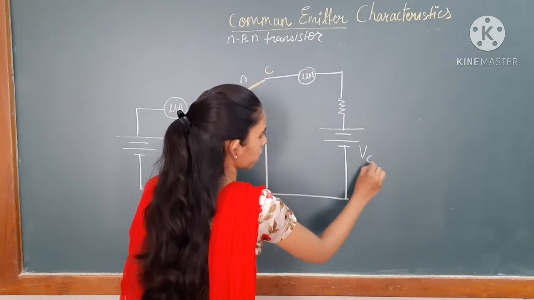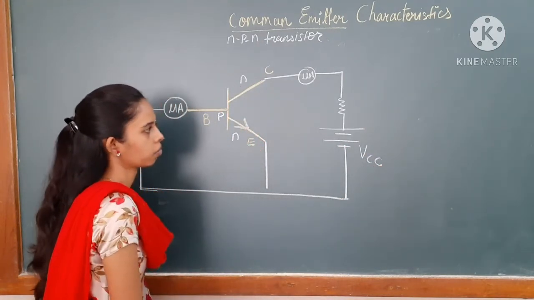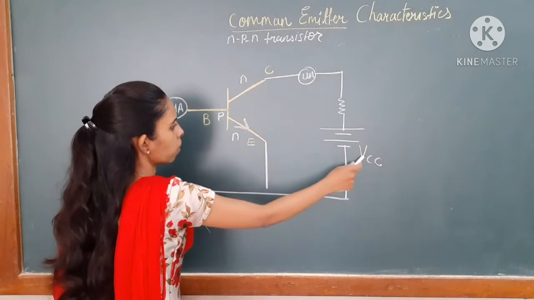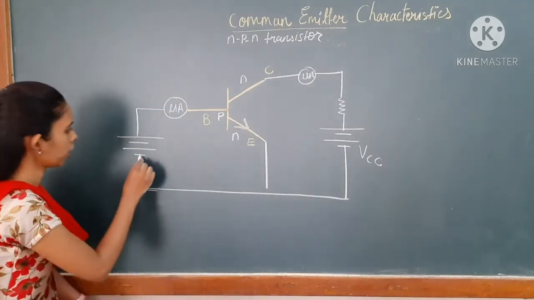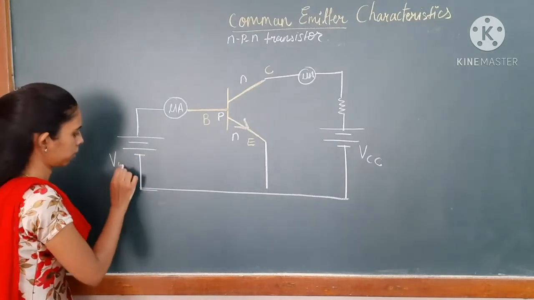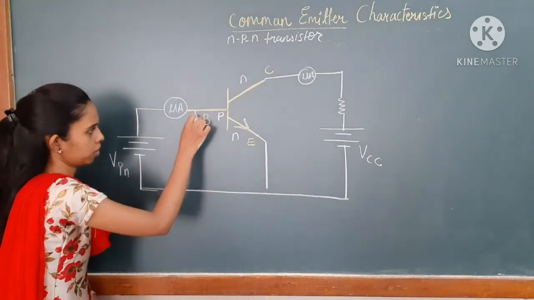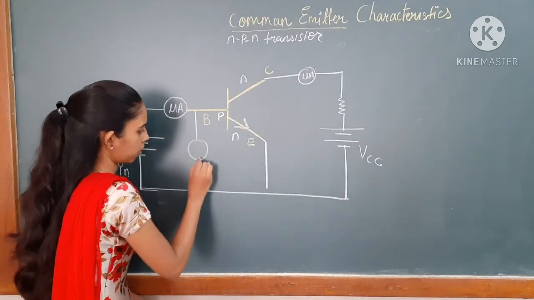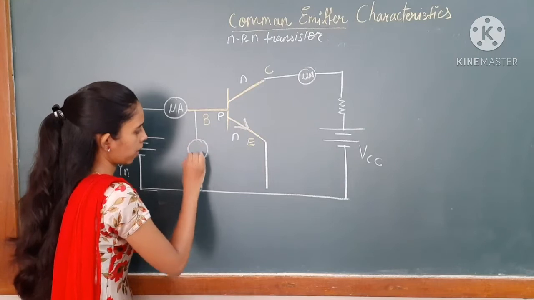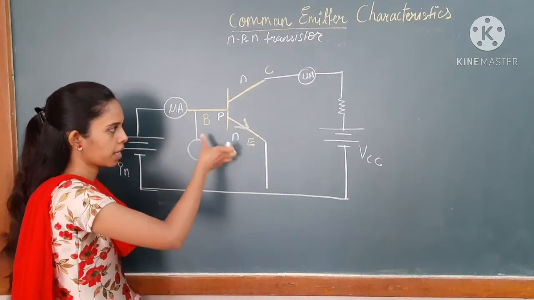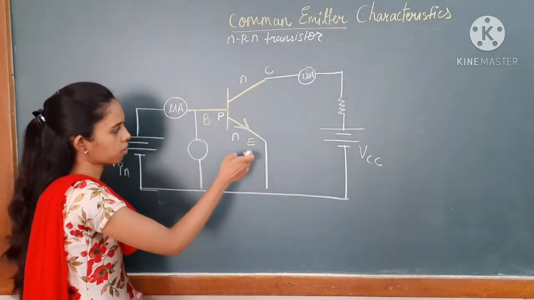Now this will become VCC, the voltage across the collector. This is the input voltage Vin, and here we attach a variable potential which will help you to vary the base voltage across the base and emitter.